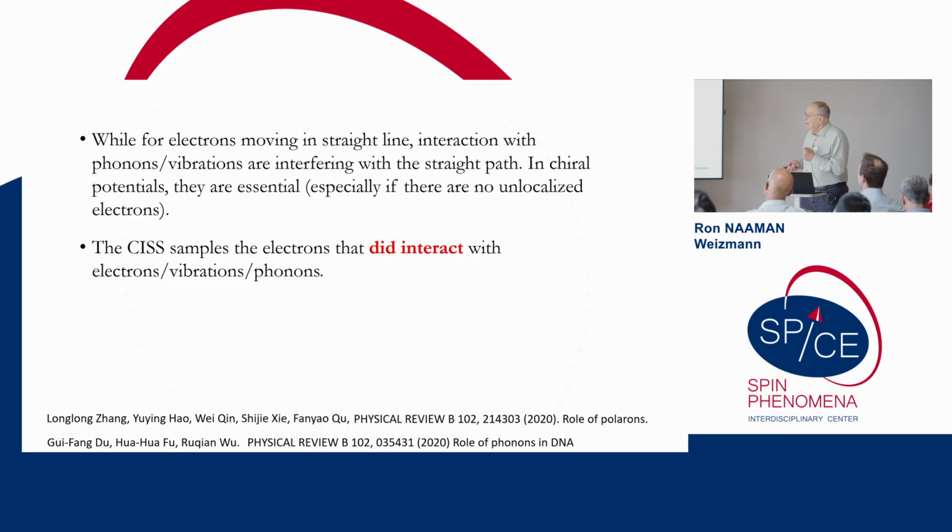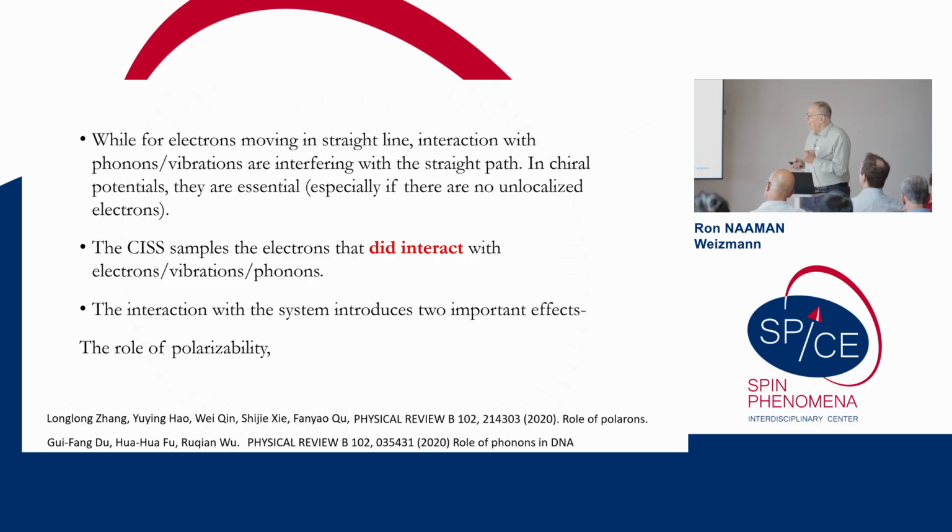So I think now you realize, first of all, why it's not so simple to model the CISS based on what we knew in the past, because we have to build a new theoretical framework. And this framework has to include two important things.